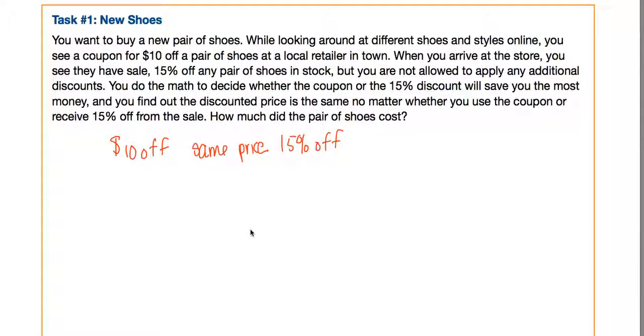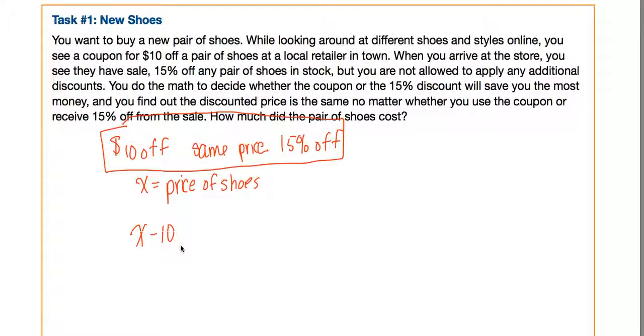Okay. So in class we did this problem as well, and we said let X equal the price of the shoes before the discount. If this is what you interpreted, which is the correct interpretation, then the discounted price, if I took $10 off, would be X minus 10. That would be the price of the shoes.